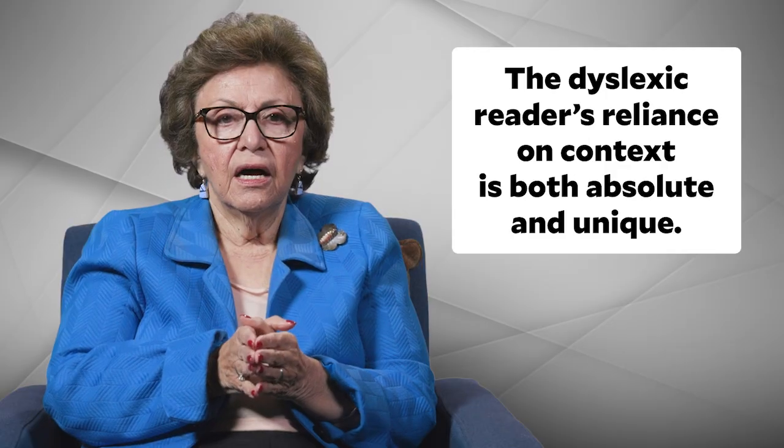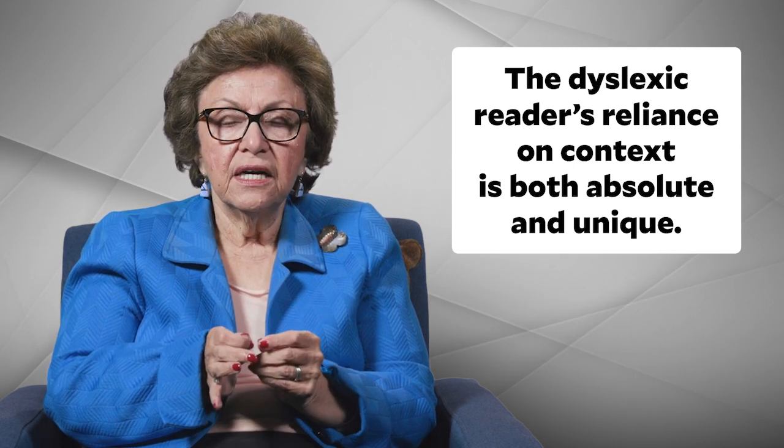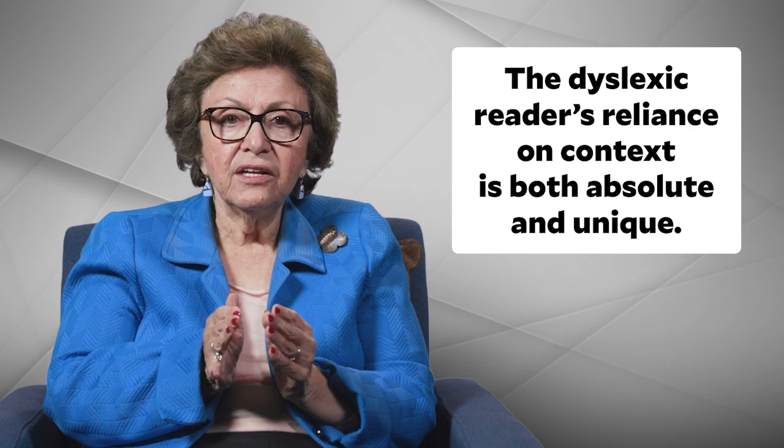What about poor readers who are not dyslexic? Think about if they would benefit from extra time and why or why not. The bright dyslexic reader's reliance on context is both absolute and unique. Children who are poor readers but not dyslexic, for example, those who have across-the-board language difficulties, are generally not benefited by context.